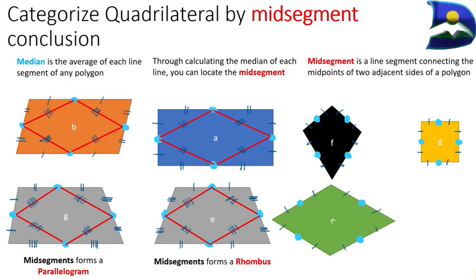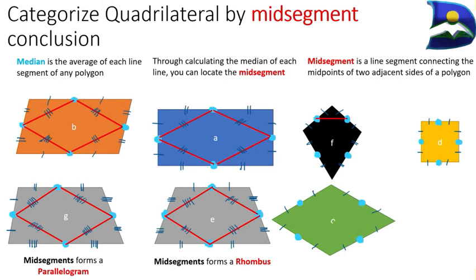It shows here that all four sides are equal to each other. Don't forget that. So in conclusion, all four sides that are midsegments that are equal form a rhombus. So that is it for the gray E and the blue shape, which is the rectangle.